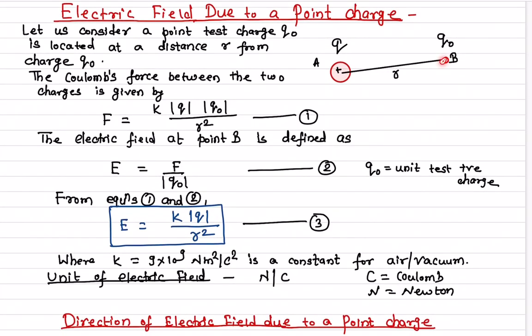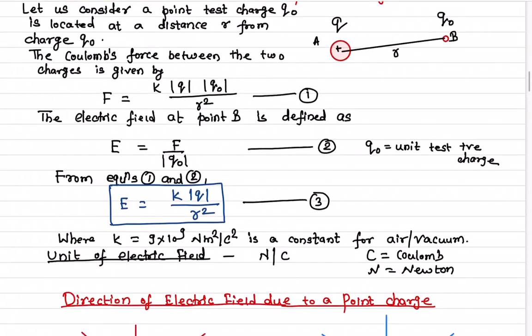Now if you want to find out the electric field at this point B, then what we have to do is divide this force by this charge here. So the electric field at that point is defined as the force at this point divided by this charge. That gives the electric field.